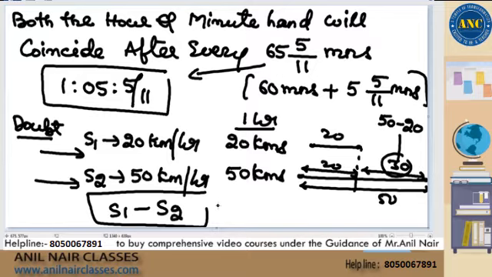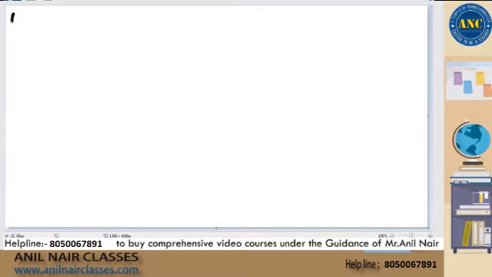Both the hour hand and minute hand will coincide after every 65 5 by 11 minutes. Very important point. Now, think logically. Note, I will write the important key point here. Both the hour hand and minute hand will coincide after every 1 hour 5 by 11 minutes.